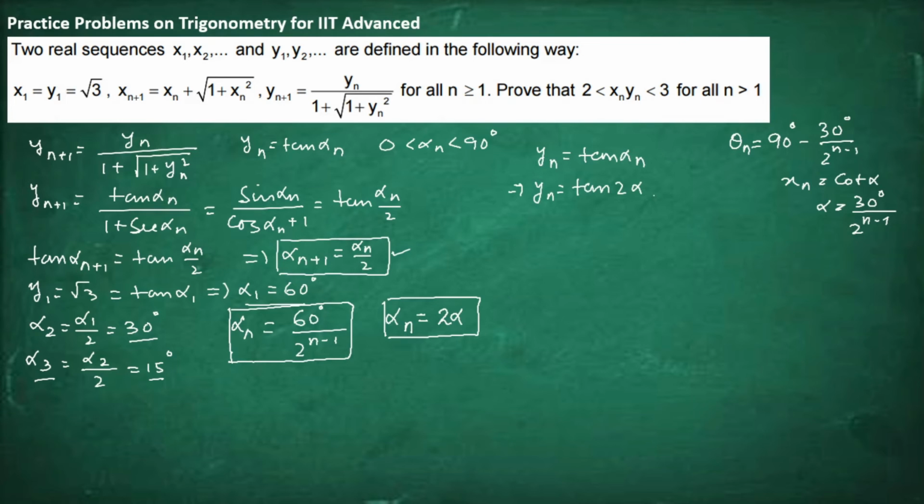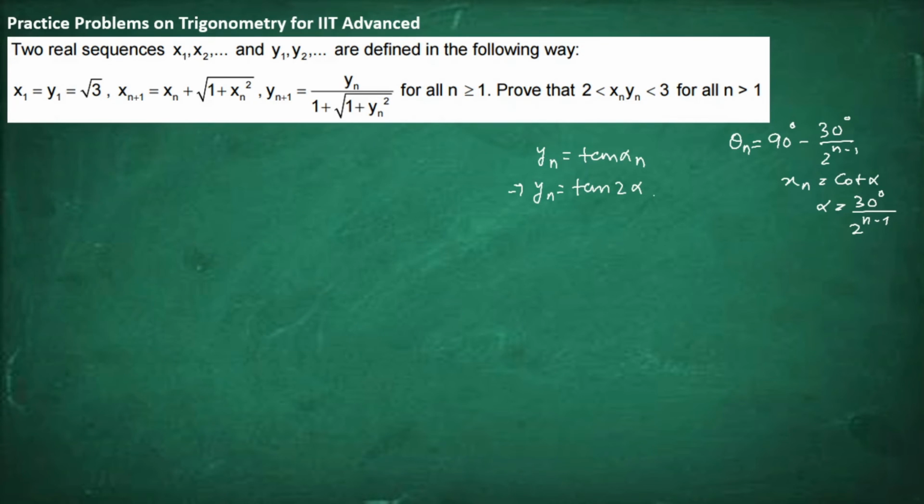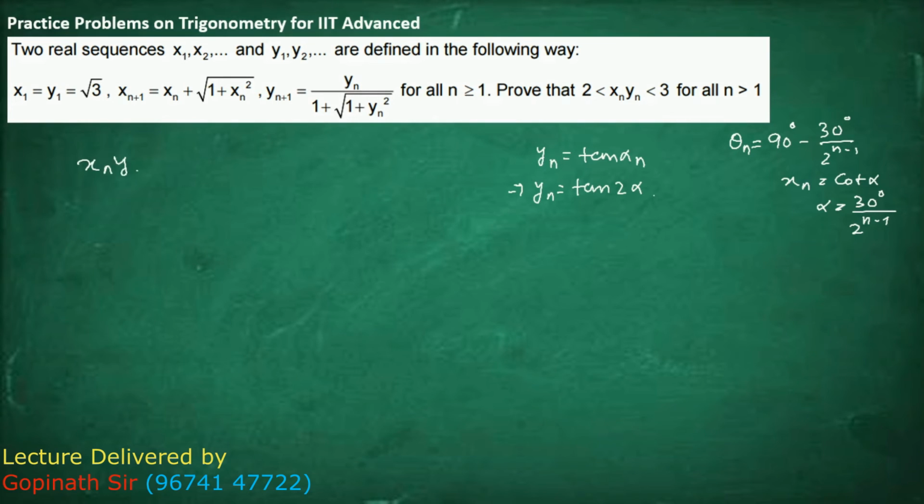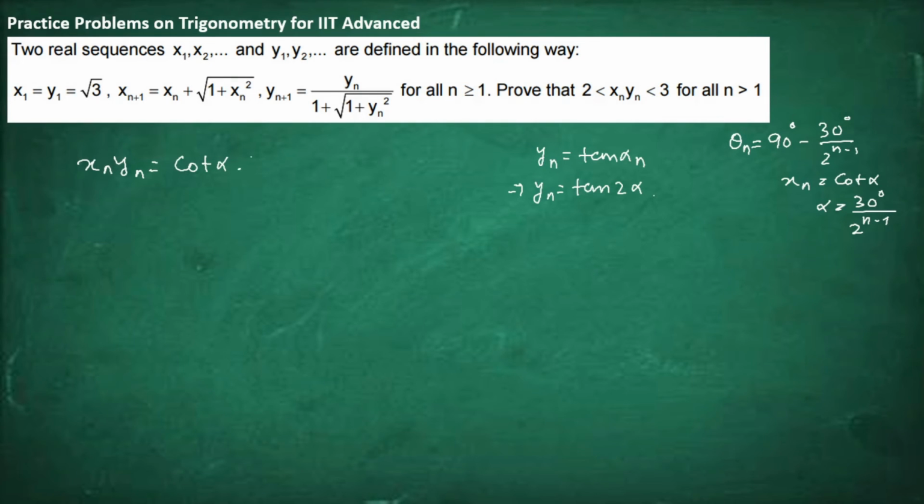Now, let me just rub this portion. So now we are getting xn into yn as cot alpha into tan 2 alpha. Is it clear?